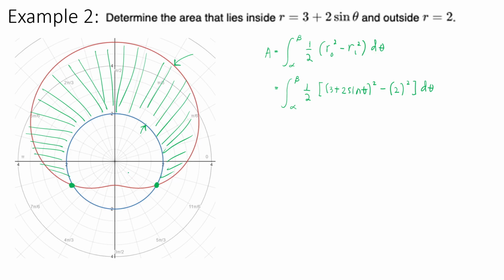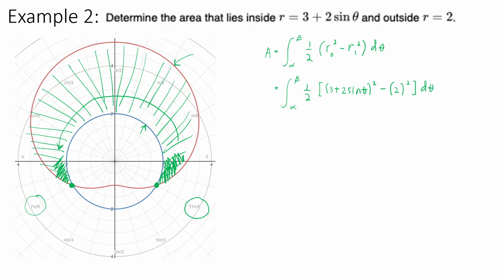Di ba? So meaning it started here, di ba? So the area started here, going towards this point here, counterclockwise. So meaning it's at 7 pi over 6 and 11 pi over 6.